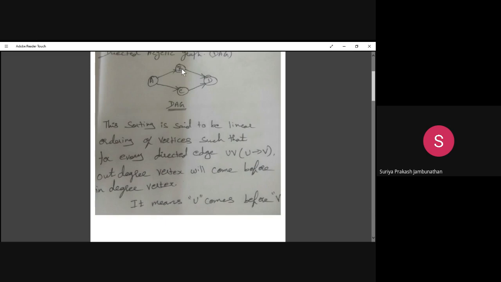We should not write B first and then A, because A goes to B, B is not going to A. In that case, you have to write A, then B while identifying the solution.